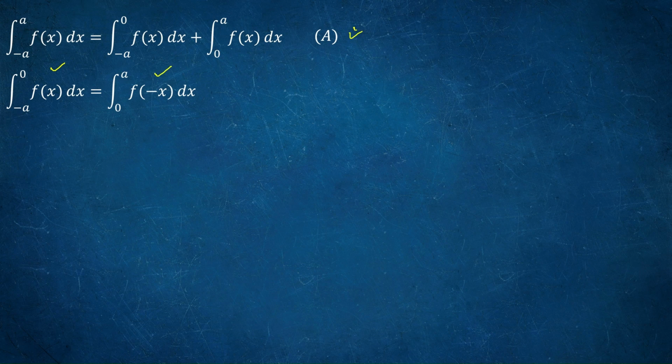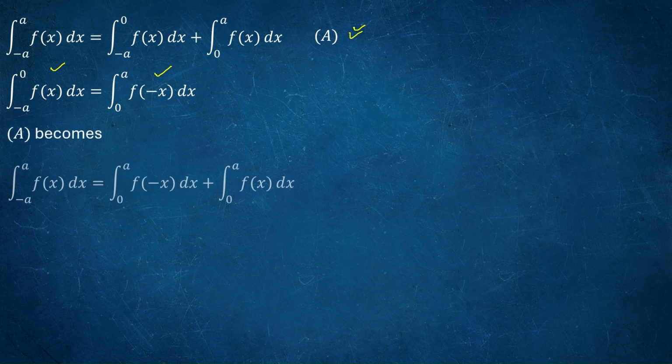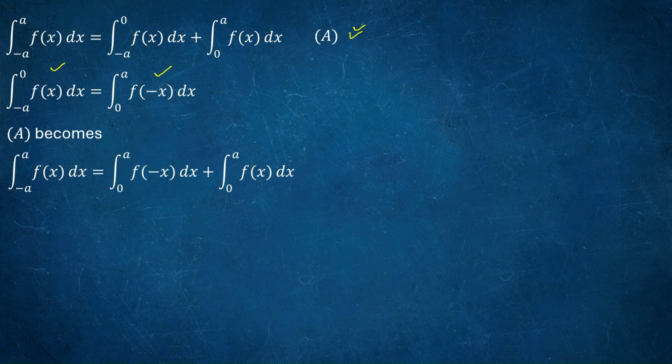So the expression a can now be written as the integral from minus a to a f of x dx is equal to integral from 0 to a f of minus x dx plus integral from 0 to a f of x dx. Here the first integral on right hand side has been replaced.